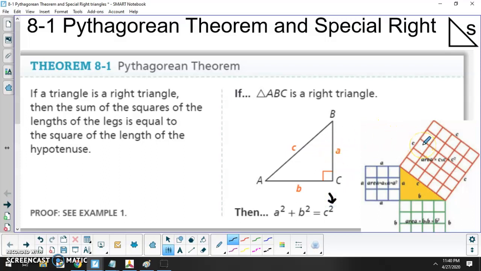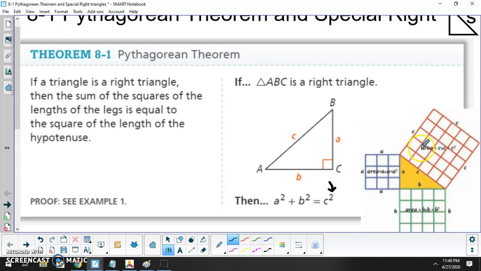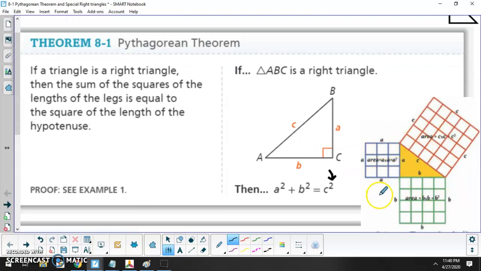Now, this theorem, really what it's saying, and why it works, here is a little geometric proof of it. If you were to take one side of the triangle and figure out its area by taking, let's say, a times a, that would have area a squared. Then you would take the other side and figure out its area, which is b squared. If you combine these two areas, in this picture, this has area 9 and this one has area 16.